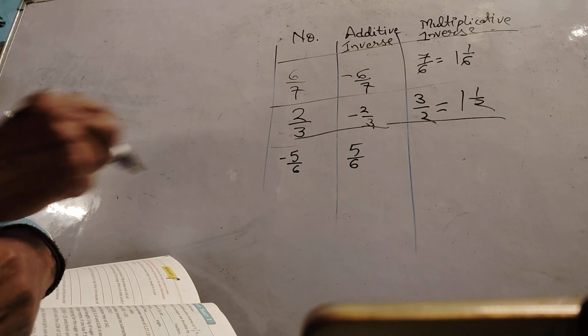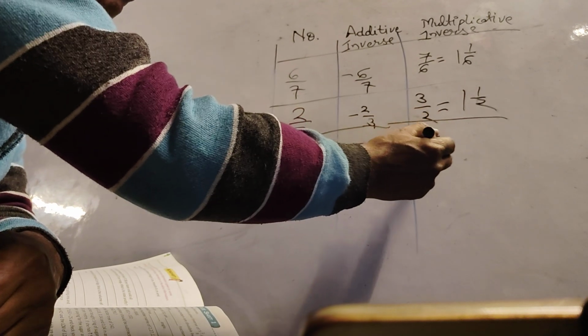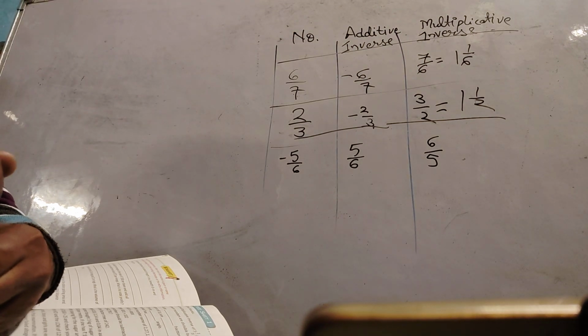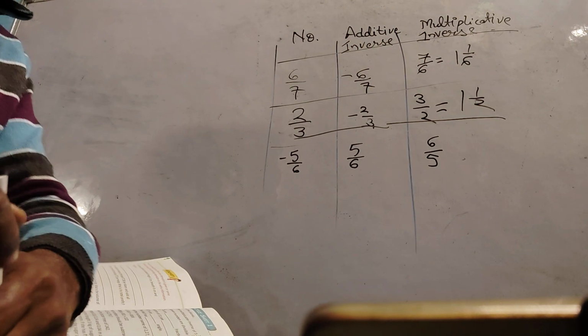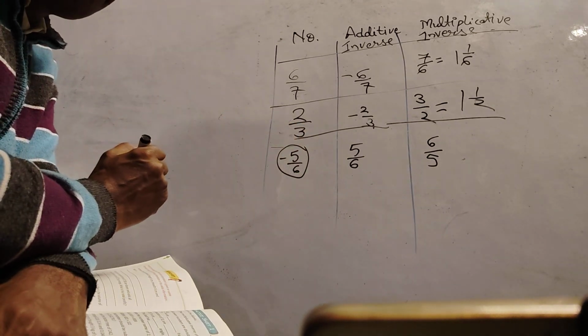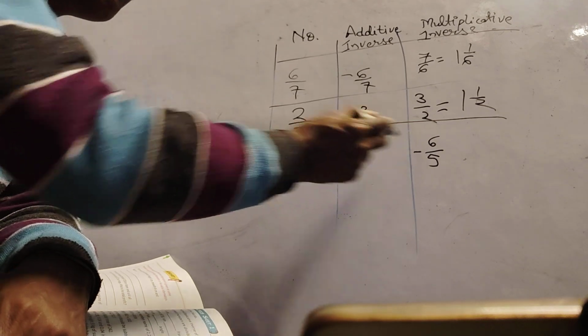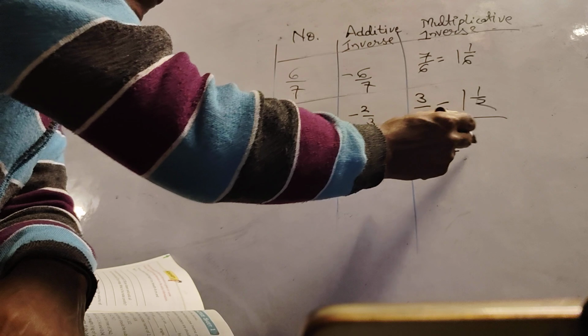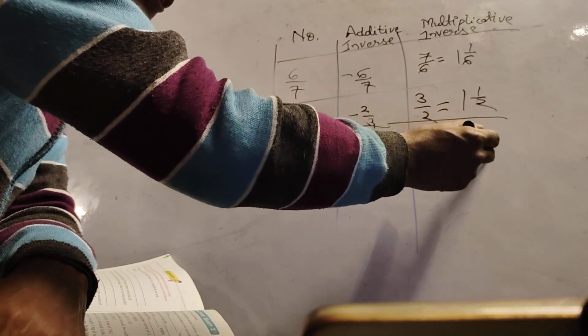And then the multiplicative inverse is negative 6 over 5. Is it correct? Yes. In the multiplicative inverse we do not change the sign. The negative sign is here, so we put the negative sign here also. And the numerator is larger, so we convert it into a mixed fraction.